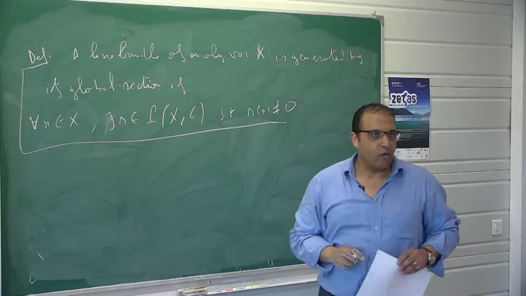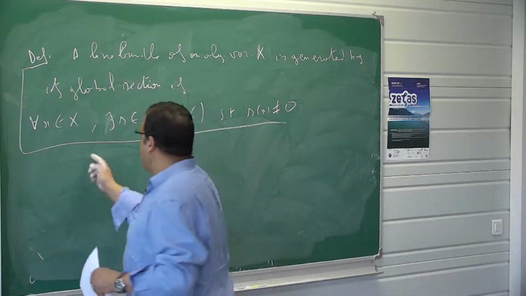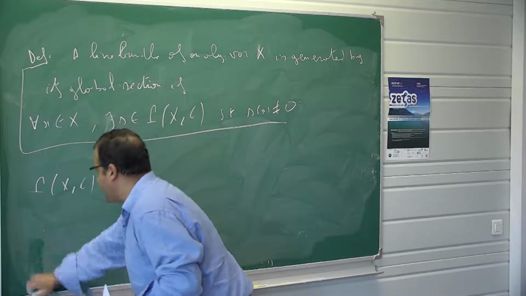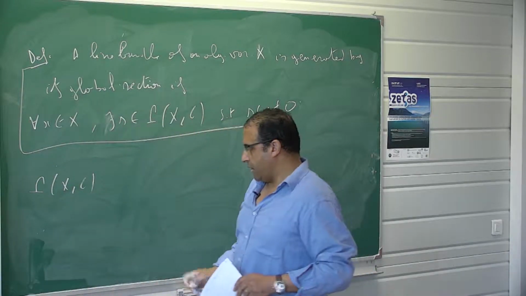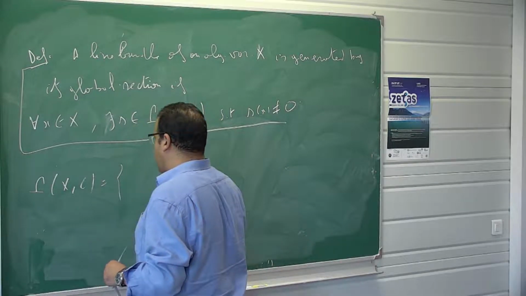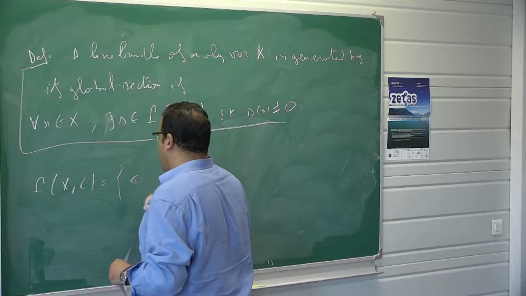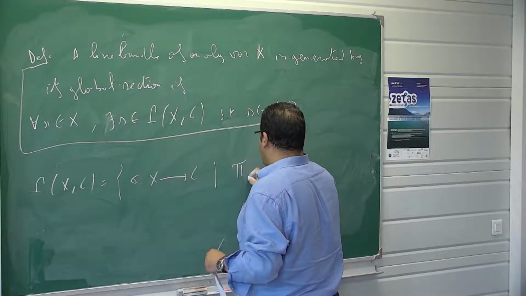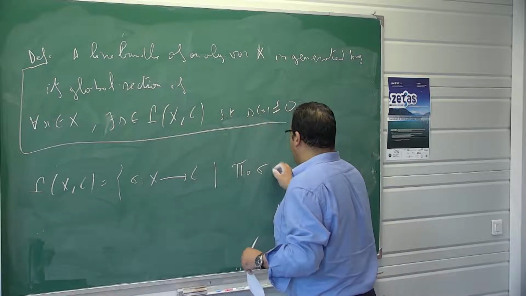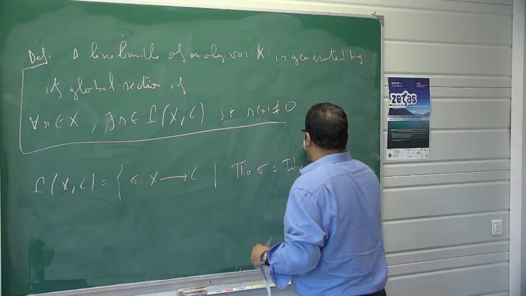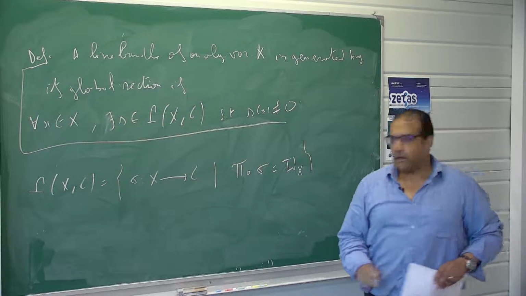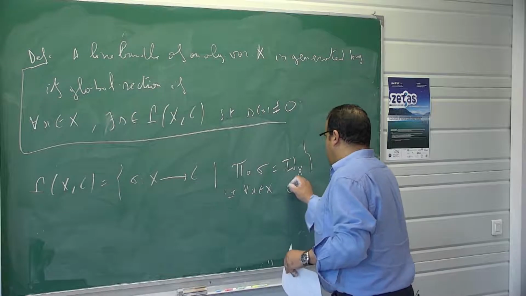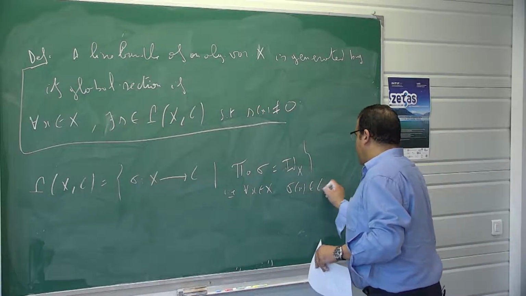So what is a section? Γ(X, L) is the set of sections of this line bundle. It's just the set of functions σ from X to L such that p composed with σ equals the identity of X, which means that for any x in X, σ(x) is a point of the fiber L_x.